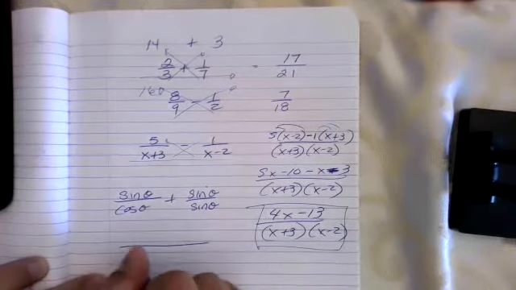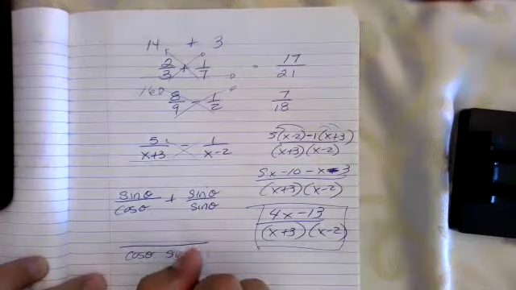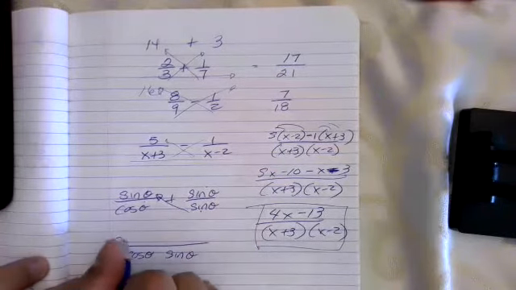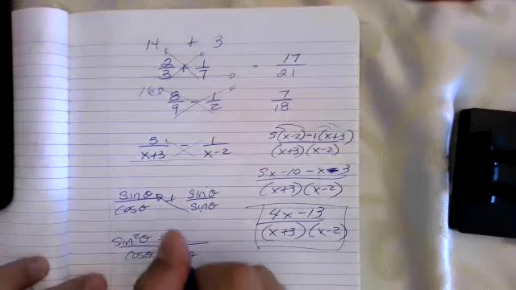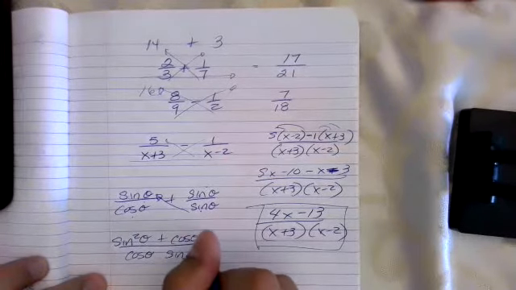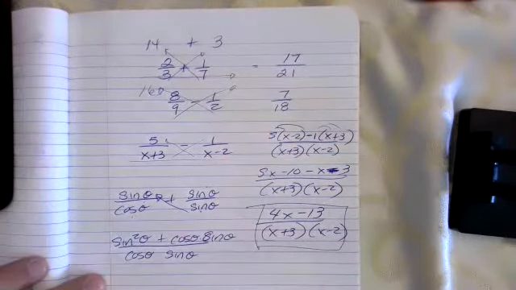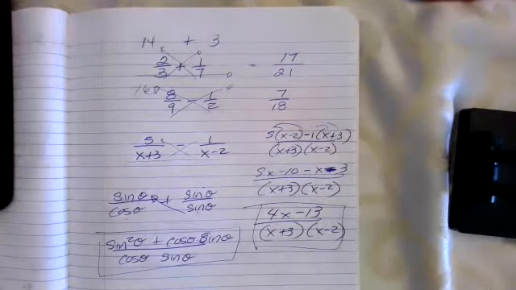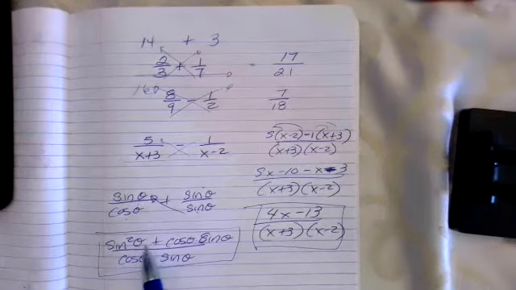This would be cosine times sine. And then you multiply this way. Sine times sine is sine squared. And cosine times sine is just cosine times sine. We do that in pre-calc. And when we do it in pre-calc, I don't do all this LCD stuff. I multiply my denominators and I cross multiply.